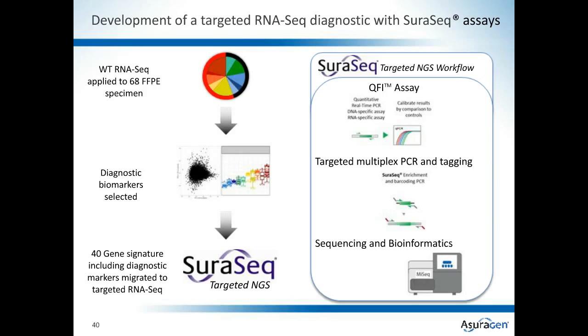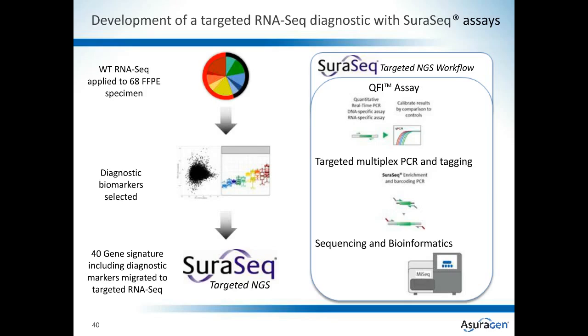Those 25 markers, along with 15 additional genes, were migrated to a targeted RNAseq assay. The additional 15 genes included endogenous controls and markers of theranostic value.